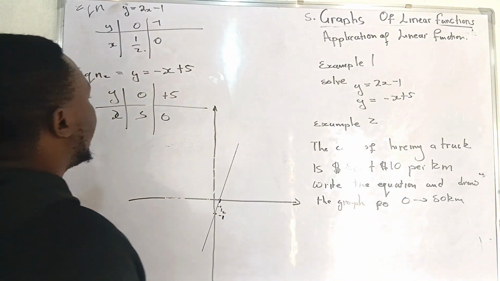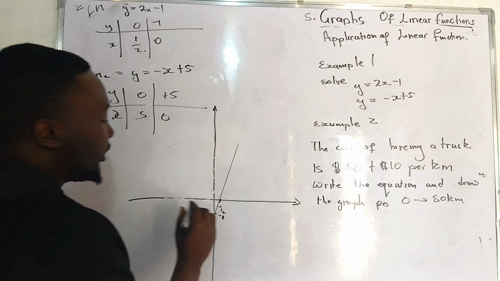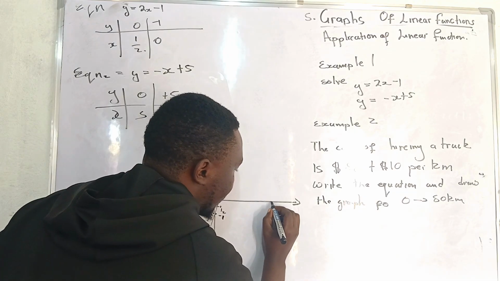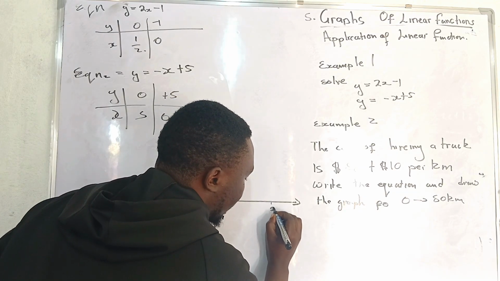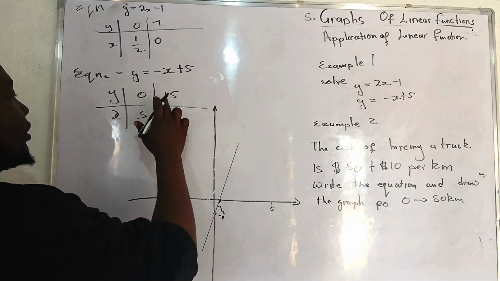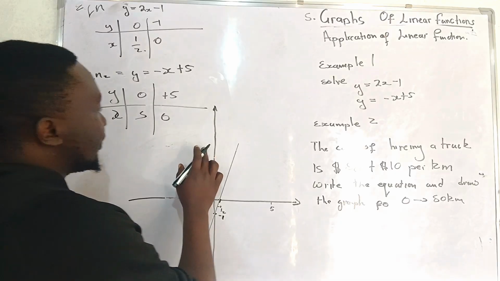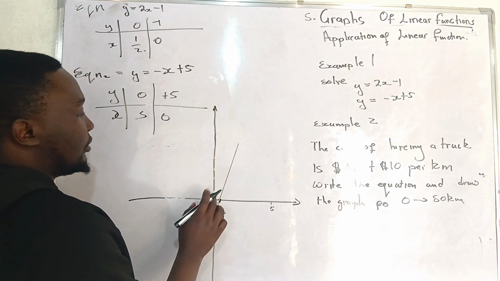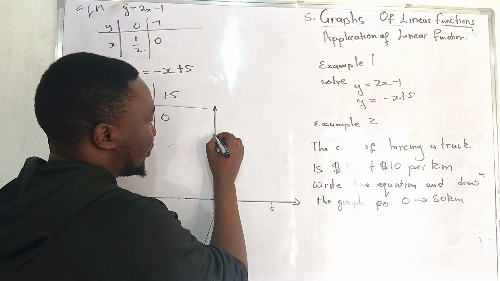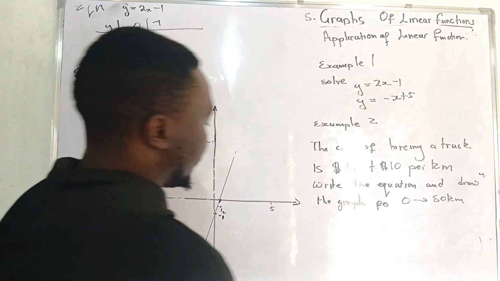So for the second graph, when y is equal to 0, x is 5, so 5 is around here. When x is 0, y is 5, so it's also around here.